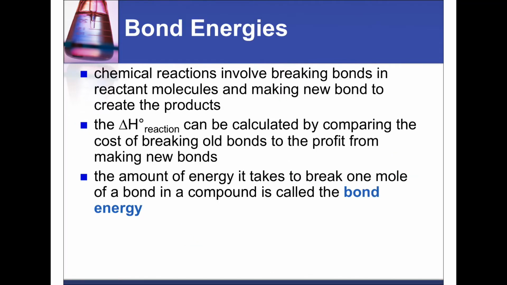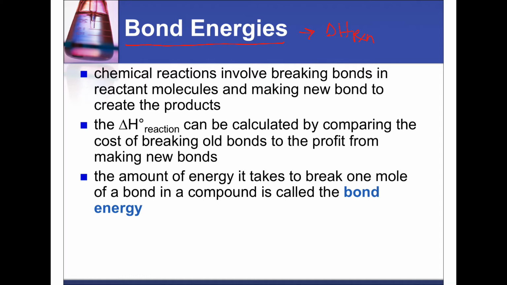And one way we can use those bond energies is to find the delta H of a reaction. That's something that we did back in chapter 6. We found the delta H of a reaction using a bunch of different ways. We used calorimeters, we used Hess's law. You guys got to think back to 3A. It was kind of at the end there.